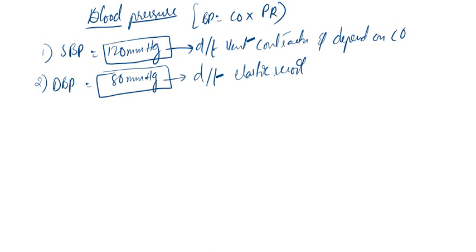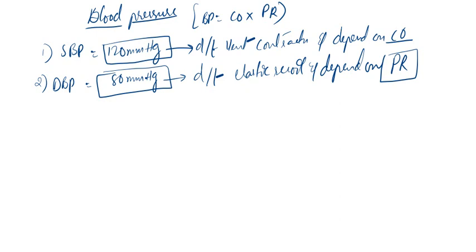Anyone? Elastic recoil of the ventricles or the arteries? Arteries only. Elastic recoil of the arteries only. And it depends mainly on the pulse rate. See, systole depends on the cardiac output and diastole depends on the pulse rate mainly.